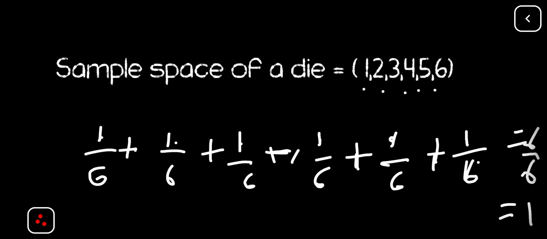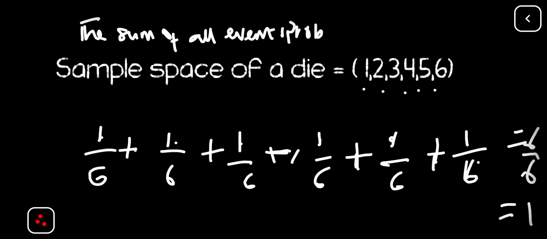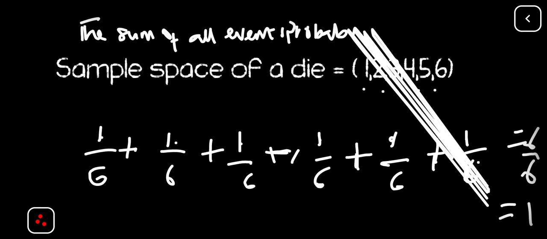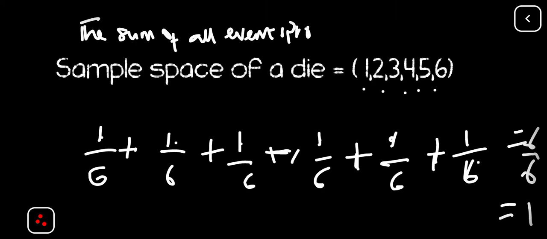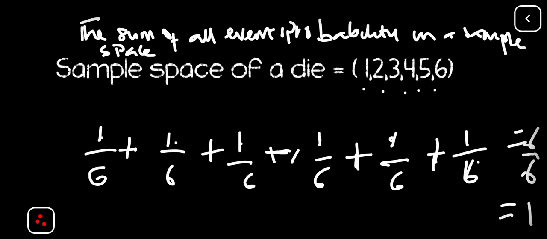So this gives you the general principle that the sum of all events probability in a sample space is equal to 1.